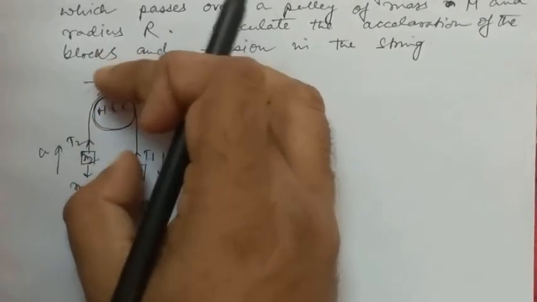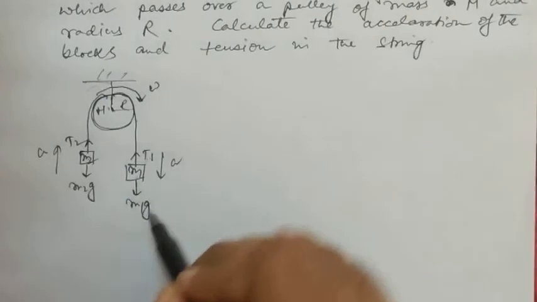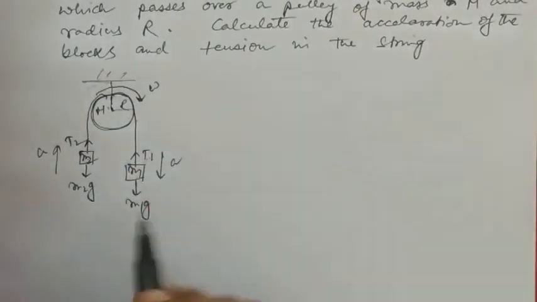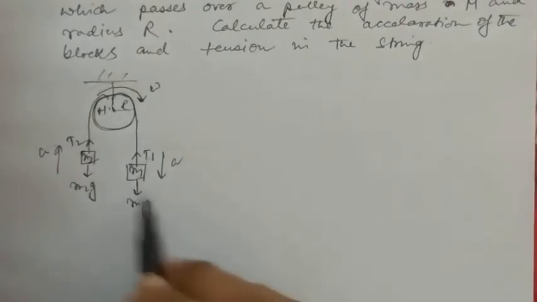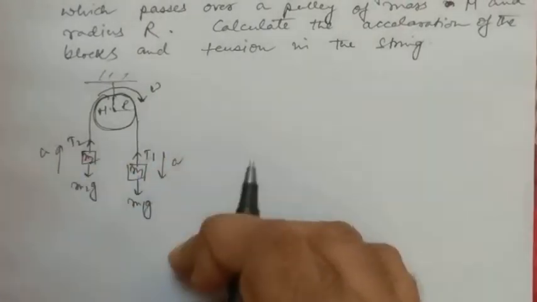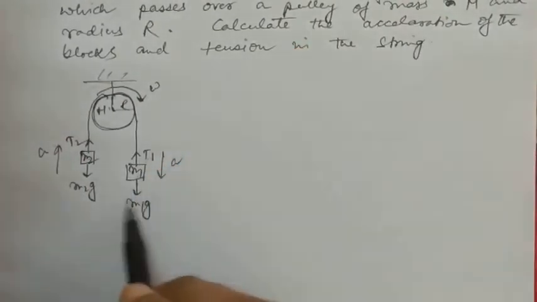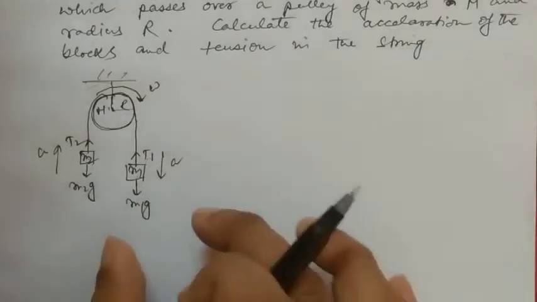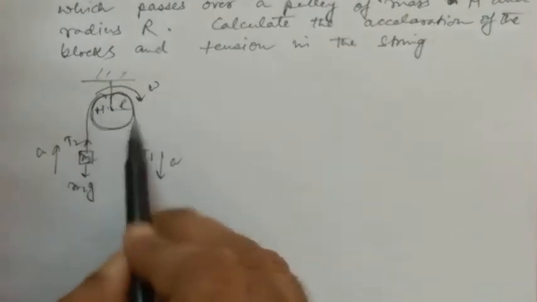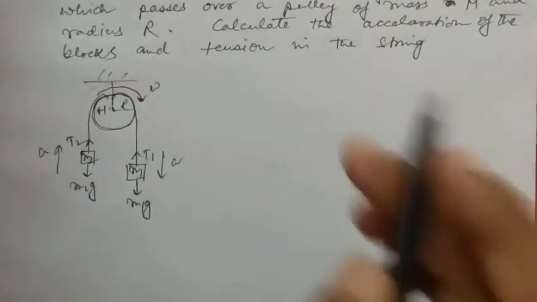The block is falling down due to two reasons: one is the resultant force m1g minus m2g, and another is the rotational inertia of this pulley. The rope is not slipping over the pulley.